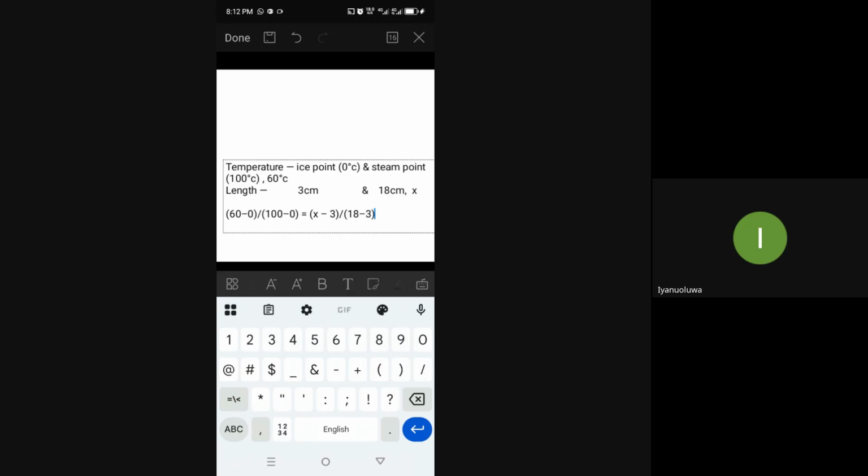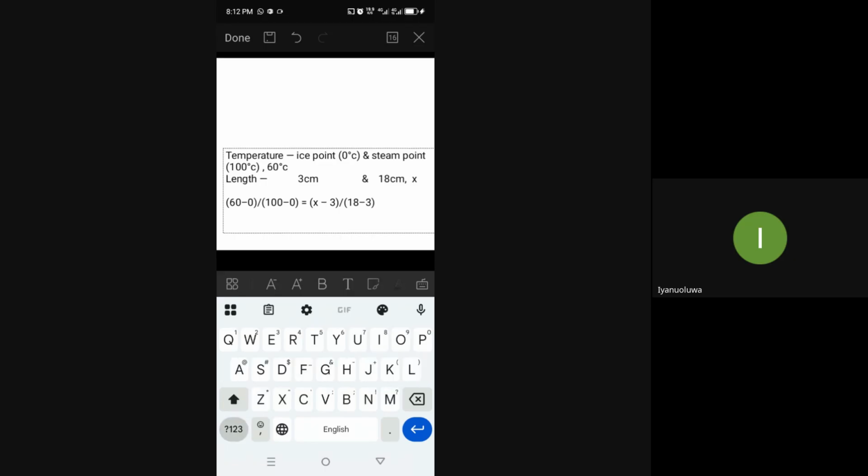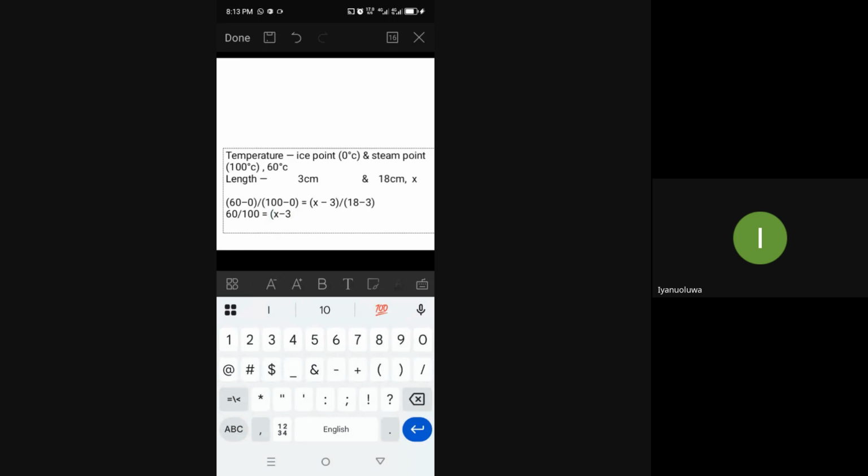So if you solve this now, you are going to get your answer. So that is 60 over 100 equals x minus 3, everything divided by 18 minus 3, that's 15.